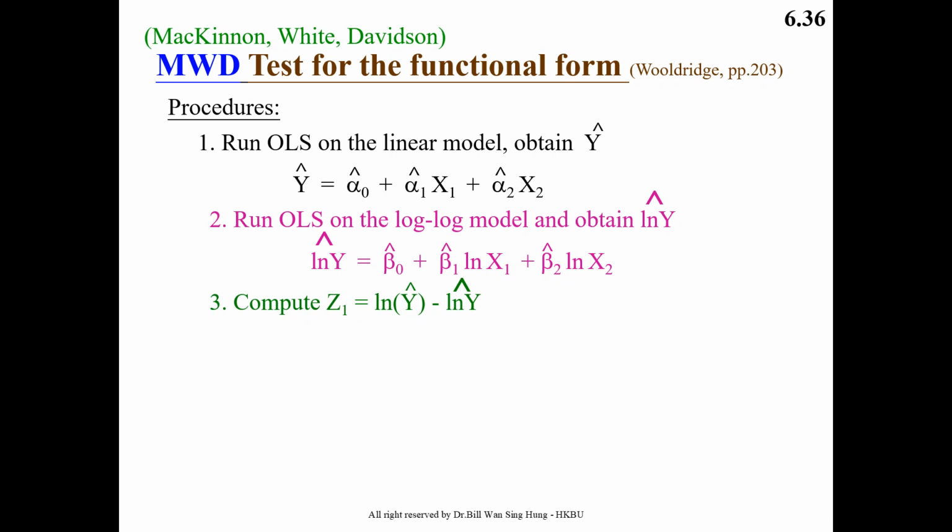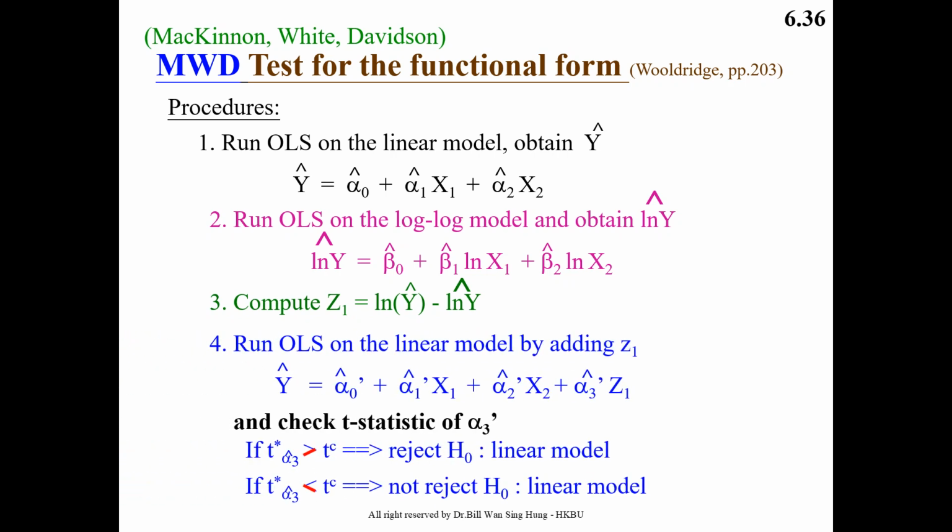that should be y hat minus natural log of y hat, and then we will run the OLS on the linear model by adding zi to this, and that will be y hat is equal to alpha hat prime plus alpha 1 hat prime x1 plus alpha 2 hat prime x2 plus alpha 3 hat prime z1, and check t statistic of alpha 3 prime.